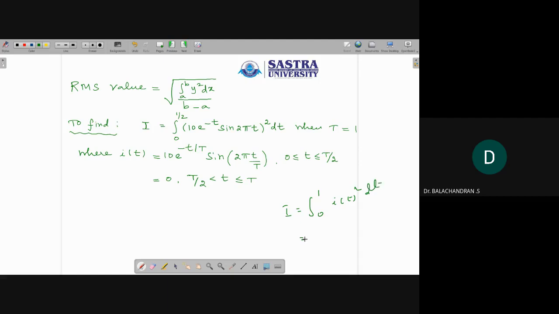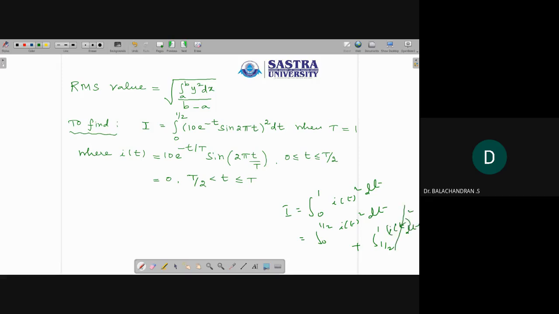Now you should split into 0 to 1 by 2, integral of I of t square dt, plus 1 by 2 to 1, integral of I of t whole square dt.